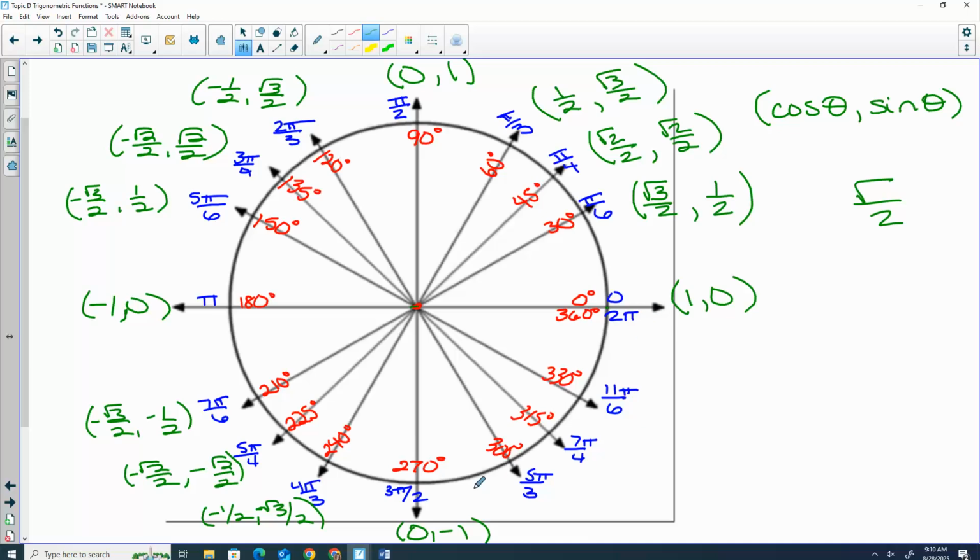And what about in the fourth quadrant? What's true? Same 3 points. Remember, the denominators tell you which one to use.